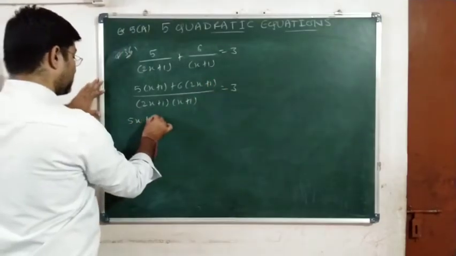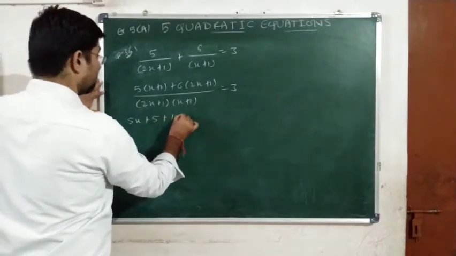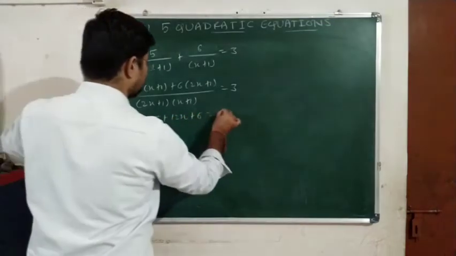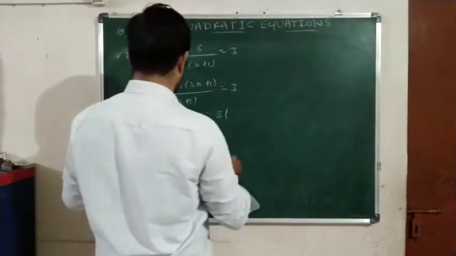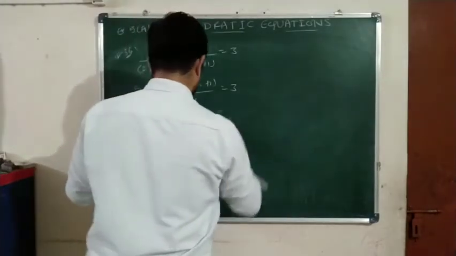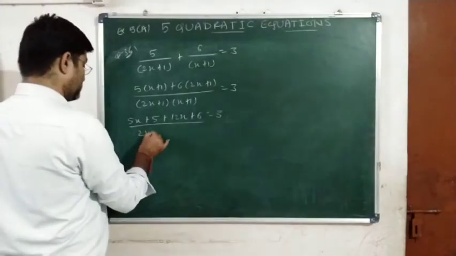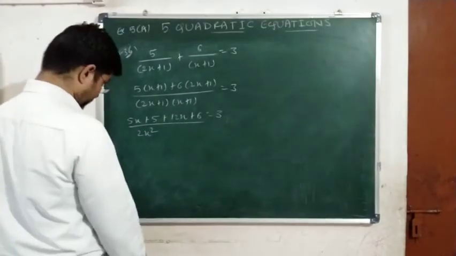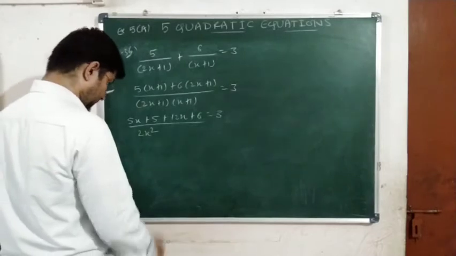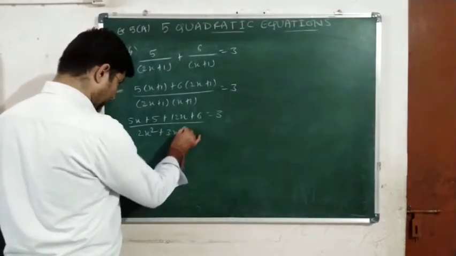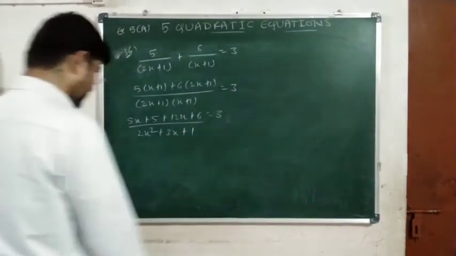Okay, so 2x plus 1 into x plus 1, 5 into x plus 1 plus 6 into 2x plus 1, therefore 5x plus 5 plus 12x plus 6 is equal to 3 into, or let me write down over here only, 2x square plus 2x plus x, 3x plus 1, yes or no?